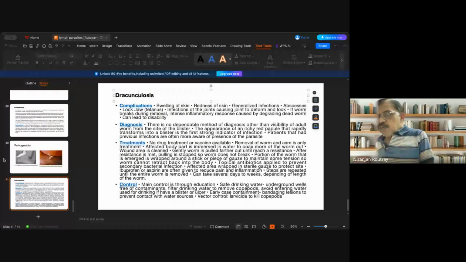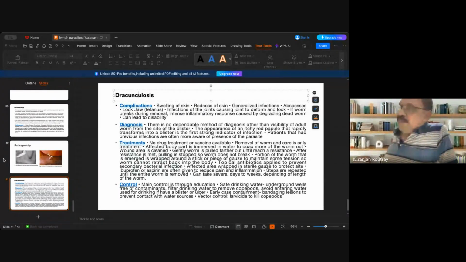So a control program can be organized through legislation. For example, they decide that oral polio vaccine will be given on a certain day, and subsequently on a certain day. So all throughout India, it is a legislation. All the children under this age have to be given oral polio vaccine.